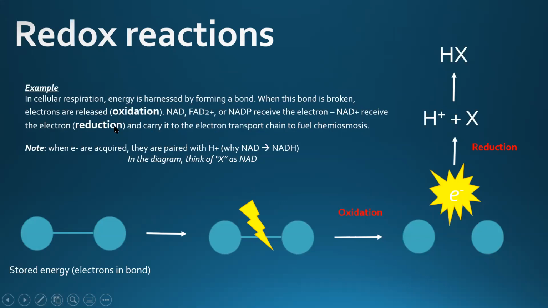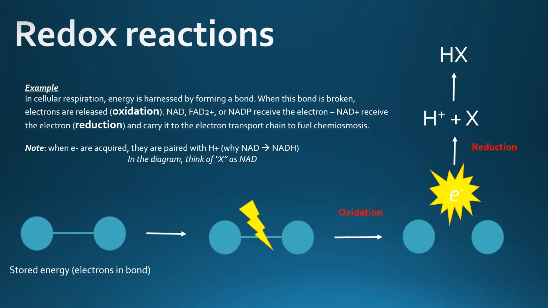So the electrons were picked up by NAD plus, and they become NADH, which is reduced. And what's going to occur is those electron carriers, they're carrying electrons, they're going to transport those electrons to the electron transport chain.